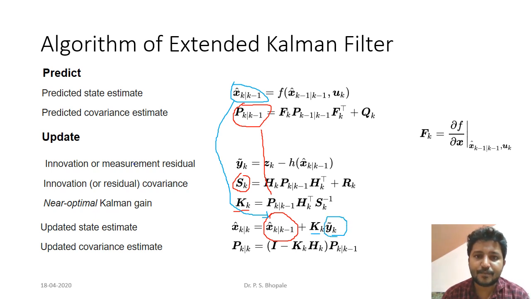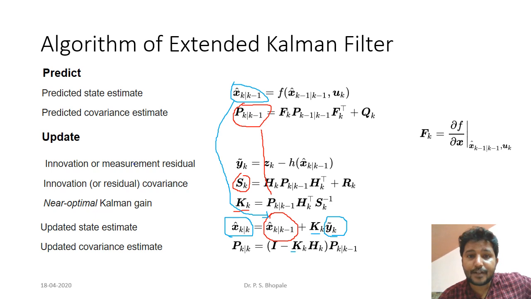Using this error and Kalman gain K, the current predicted value is updated to the updated state. Again the covariance matrix also has to be updated. So the P k matrix is updated using Kalman gain K, H matrix and P k matrix.